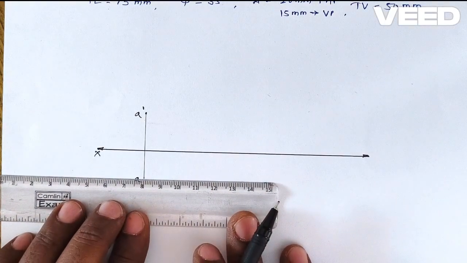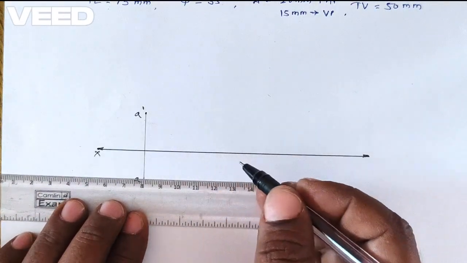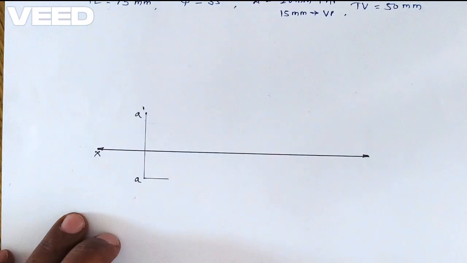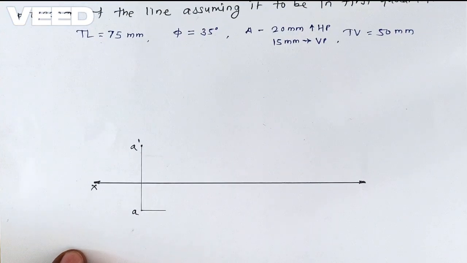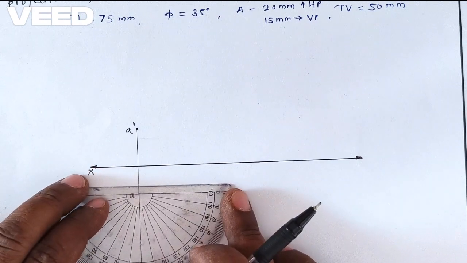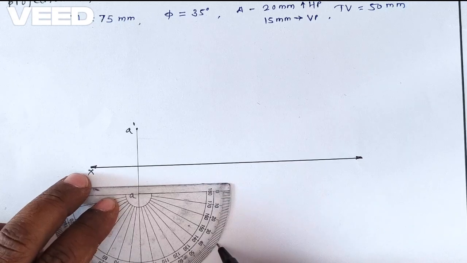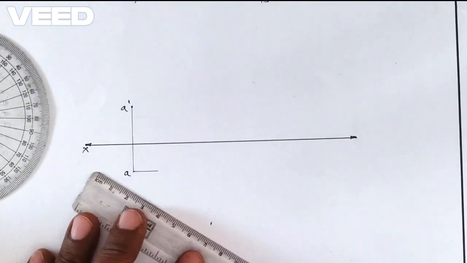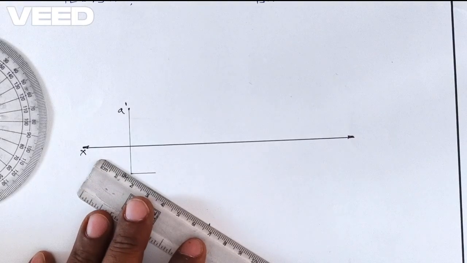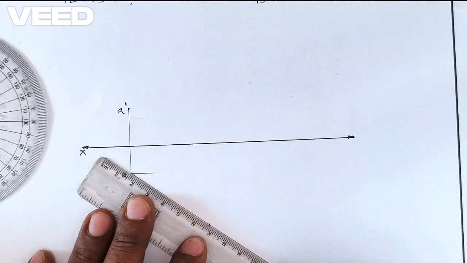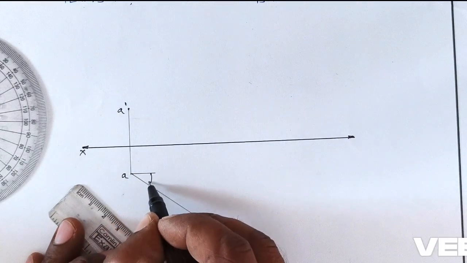Here I will draw a small horizontal line just for reference, and as the inclination is 35 degrees, I will put the protractor like this and mark the 35 degree angle. Then we draw this 35 degree line, and we know that as this is a true length, this angle is 35 degrees.